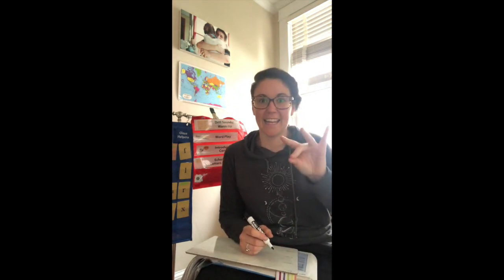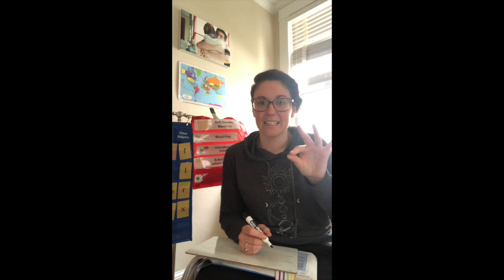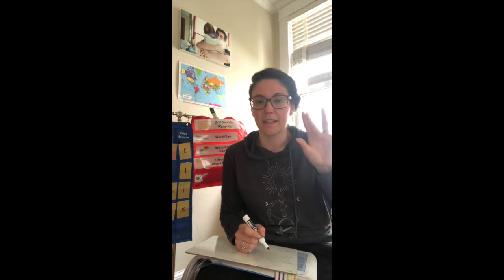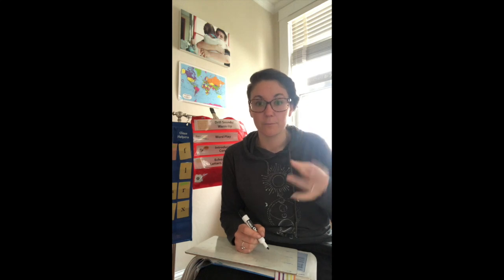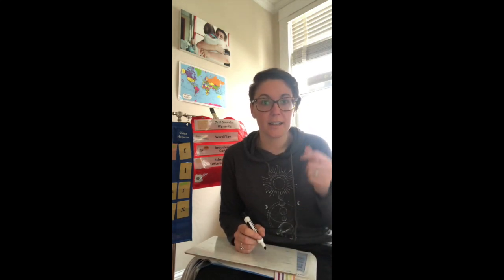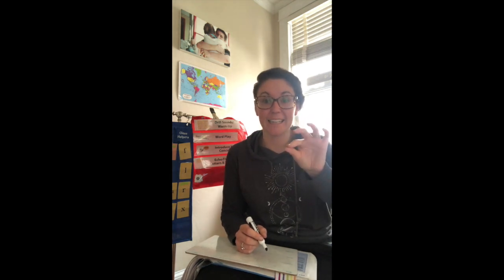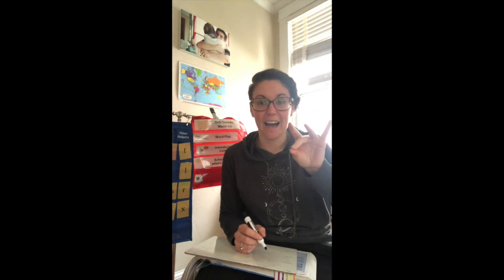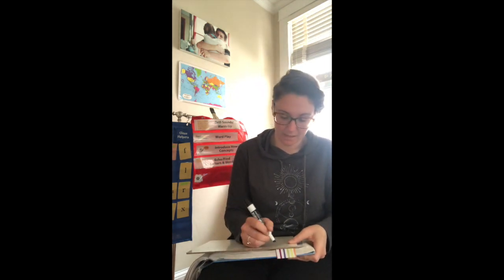Our last word is kid. K-I-D. K. C or K? Let's find out what the middle sound is and then we'll figure it out. K-i. That's an I. I comes after K. So it's a K. Go ahead and write kid.